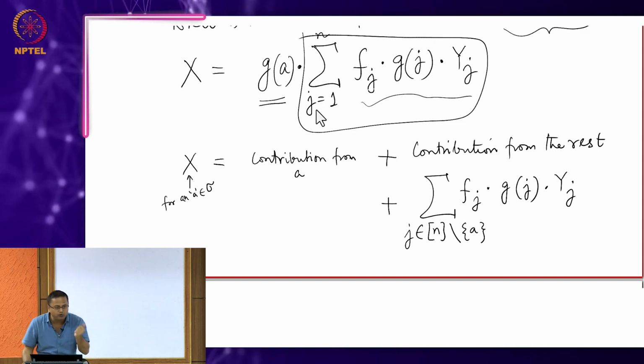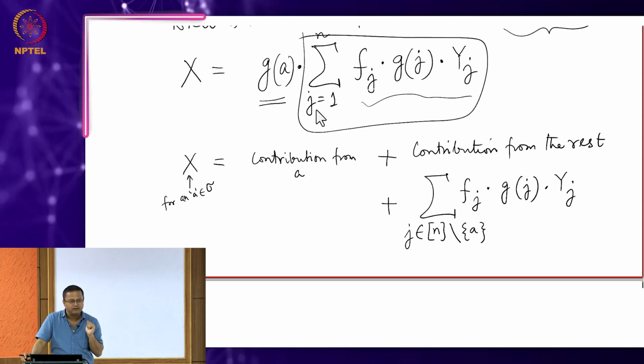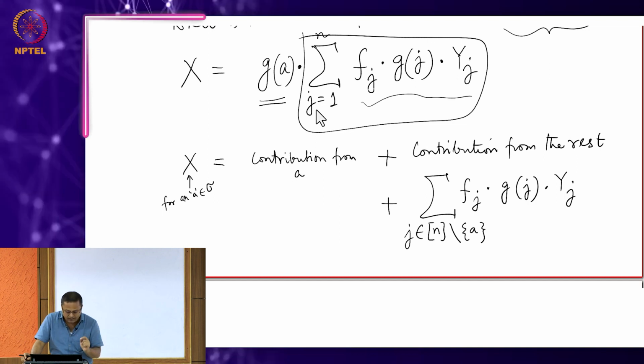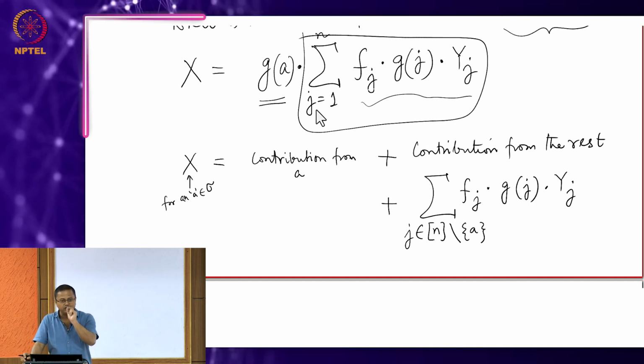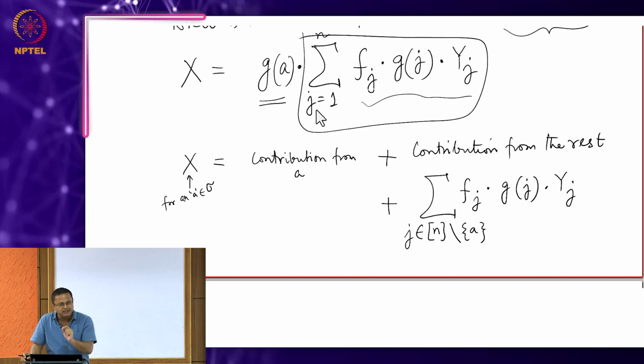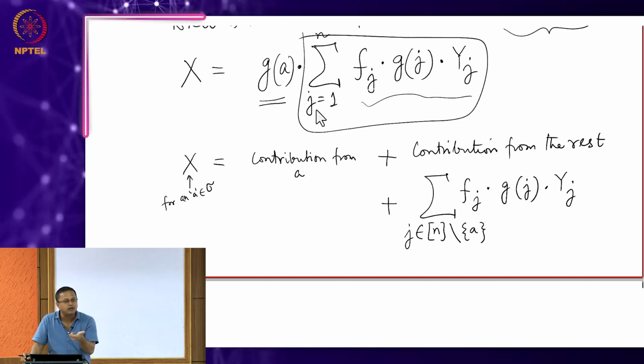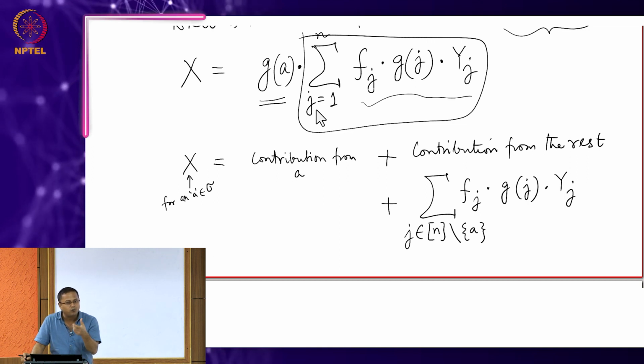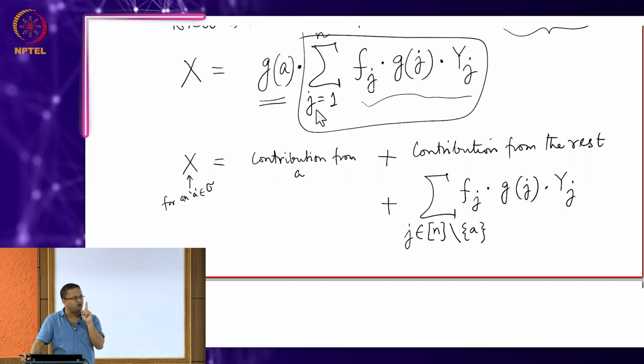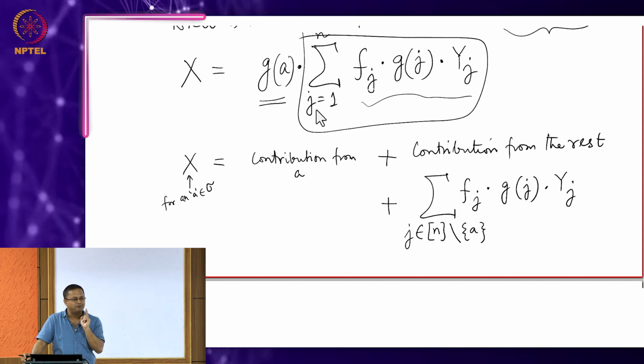But for a, what are you getting? It is now gA into fA into gA into 1. What is gA square? 1. That is the reason I took this random variable to be plus minus 1.